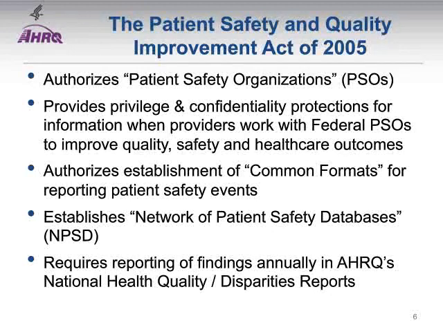It created a voluntary reporting system that supports a culture of safety for all healthcare providers in all healthcare settings. The Act provides privilege and confidentiality protections for information called Patient Safety Work Product, or PSWP, when providers work with PSOs to improve quality, safety, and healthcare outcomes.